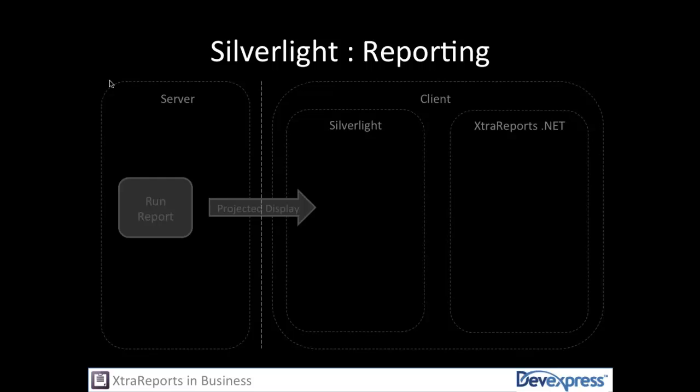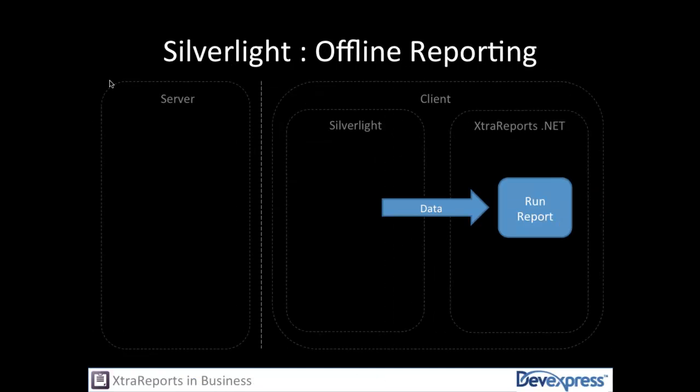Sounds good. But because we're on the client already, there are other resources available, not just Silverlight, but also full .NET. And we're making the assumption now that you've planned to go offline, and this is built into your infrastructure.